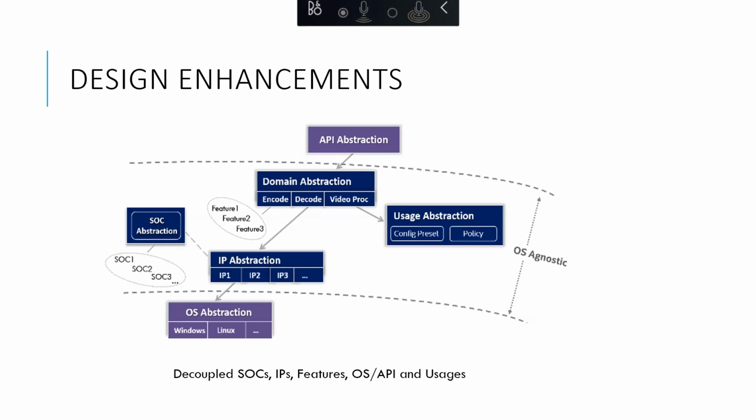And for the SOC, because an SOC is like a castle built on top of different IPs, here we have one SOC abstraction. It maintains all kinds of recipes of different SOCs based on IPs. So in that case, we can easily support the aforementioned different initiatives.